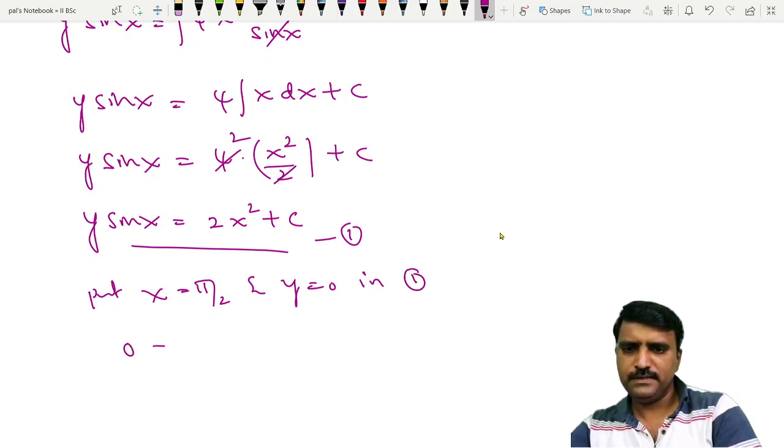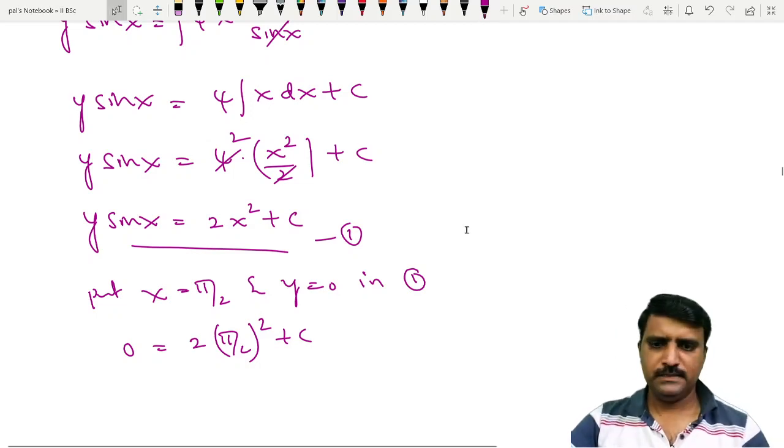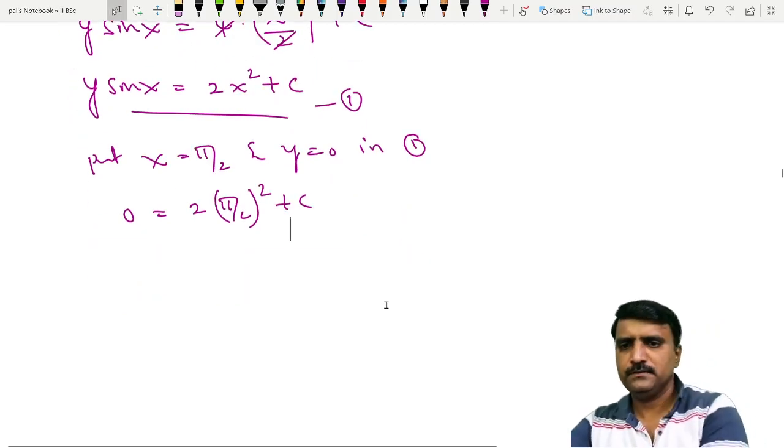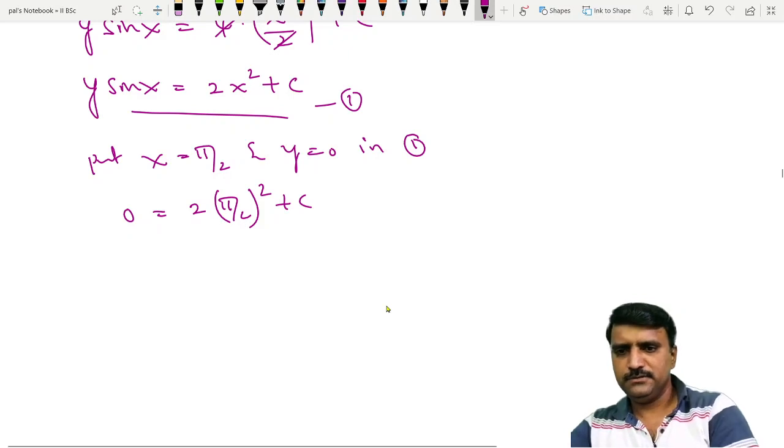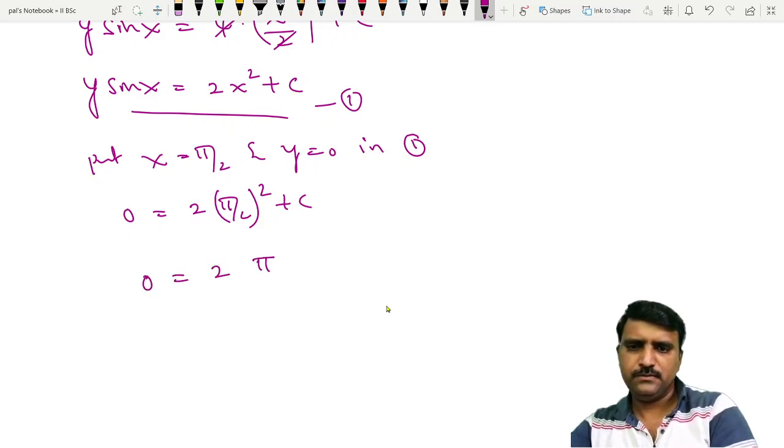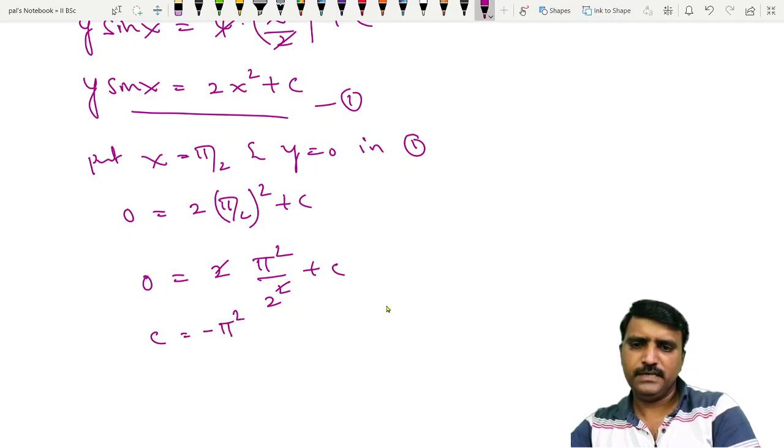When y is 0, it is 0 only, which is equal to 2 into (pi by 2) whole square plus c. Simplifying this, it is equal to 2 into pi square by 2 square plus c. The 2 cancels. C is equal to minus pi square by 2.